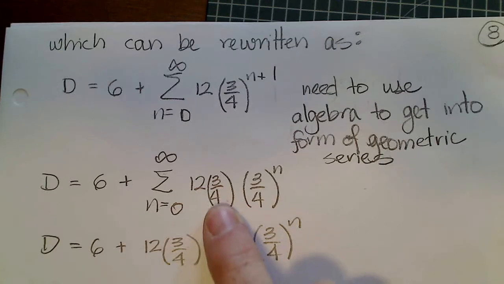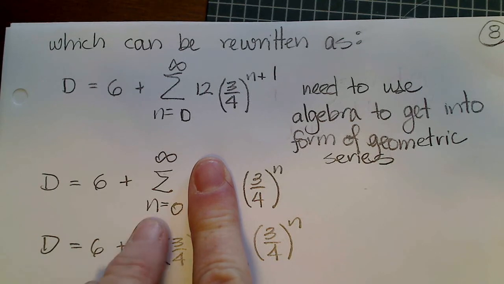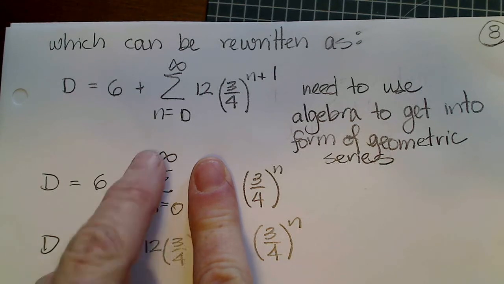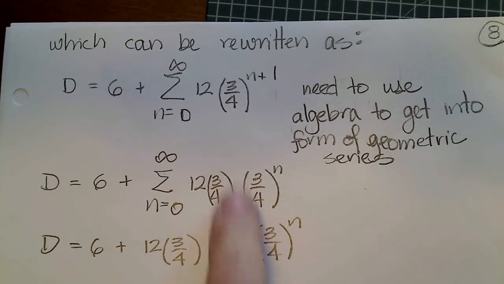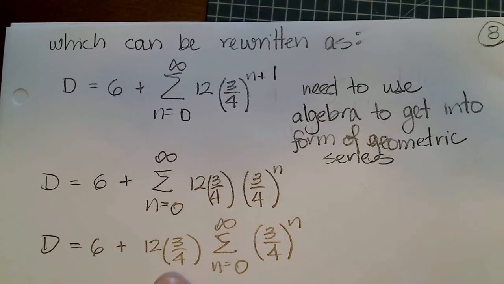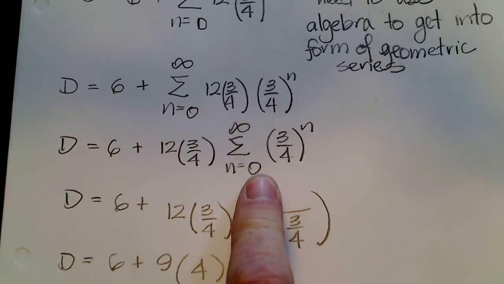Now, if I take out that piece, I have the sum n equals 0 to infinity of 3/4 to the n. Well, I have an a of 1 and an r of 3/4. Because this is a constant, I can just factor that out front. Now I have a geometric series.